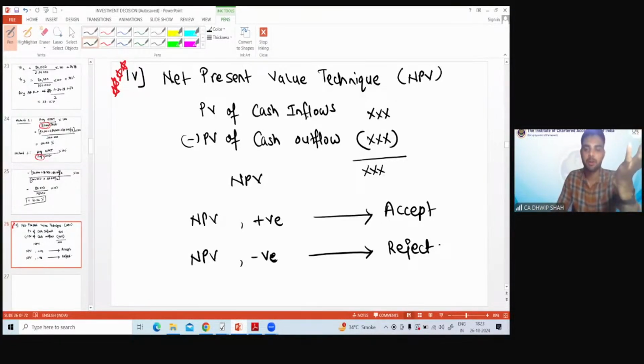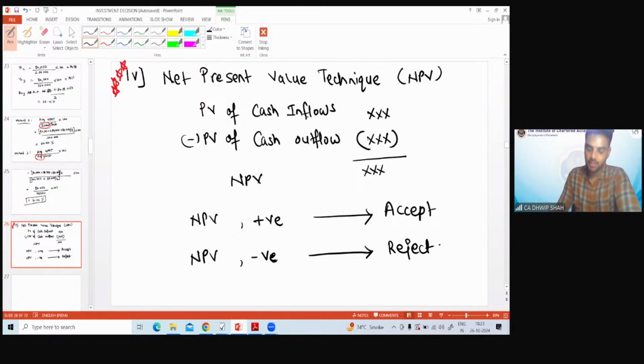The discounting rate is nothing but your company's ichha, your company's expected rate of return or desired rate of return. If that is not provided, then look out for the industry rate. If the industry rate is also not provided, then your discounting rate would be KO, cost of capital. And in 90% of the questions, it would be KO, and you would be given that rate in the question.